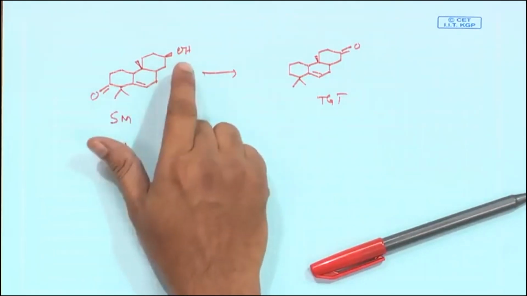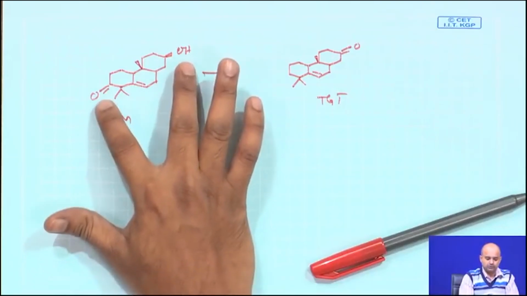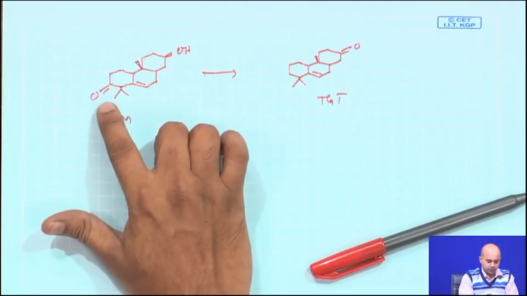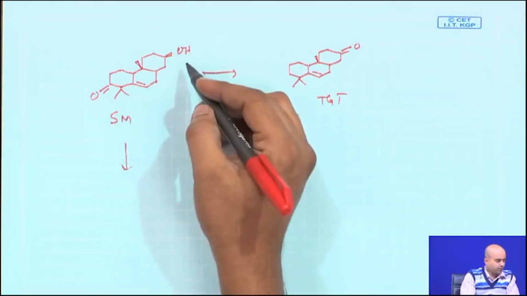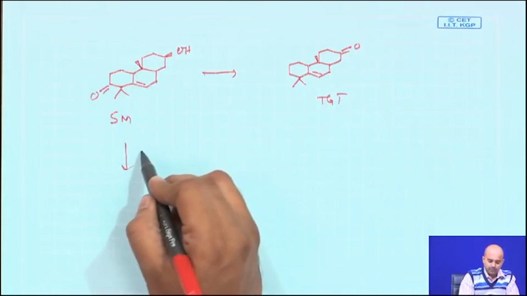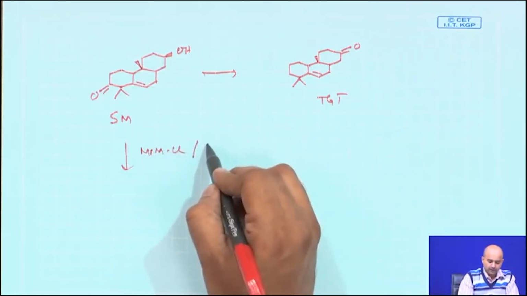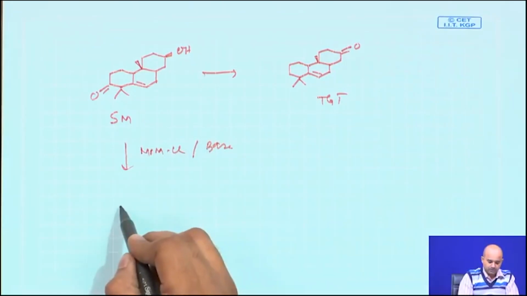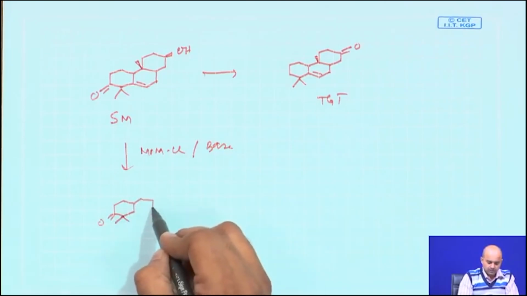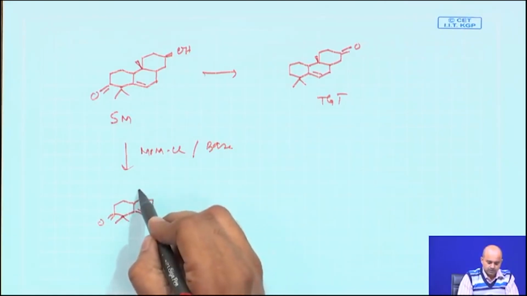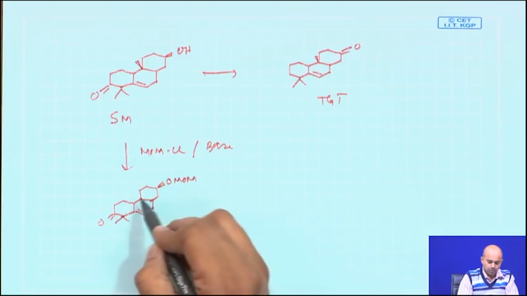Once the diketone has been generated, you have difficulty with selective deoxygenation, because this end ketone needs to be deoxygenated. So, at the very beginning you protect this OH group, let us say with MOM chloride and a base, DIPEA. Initial protection, and all the structural features of the remaining part will be similar, you protect as OMOM.